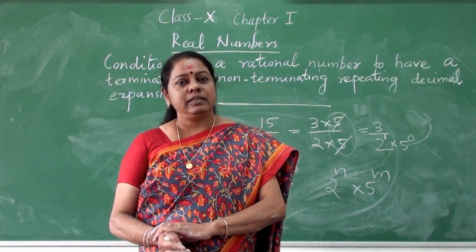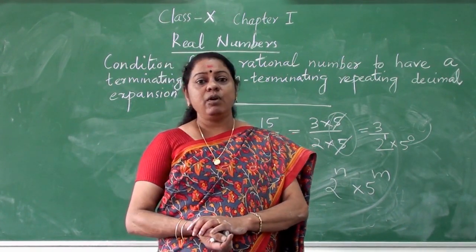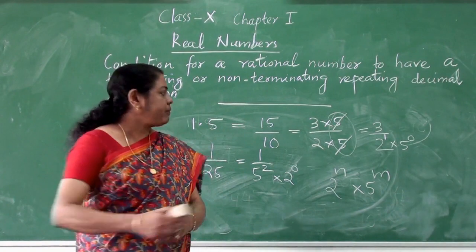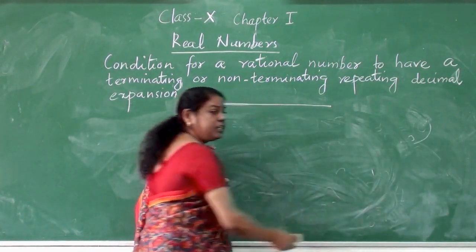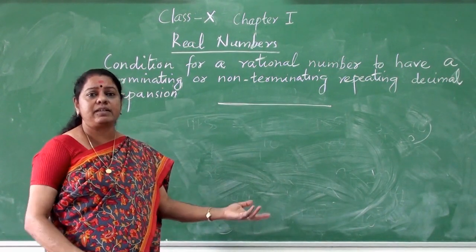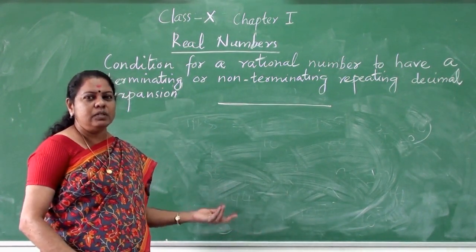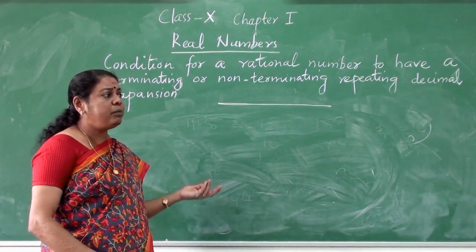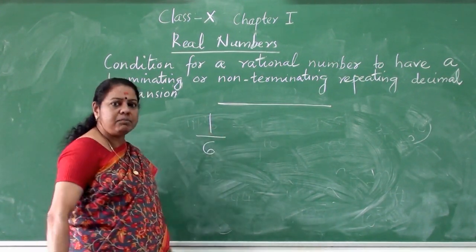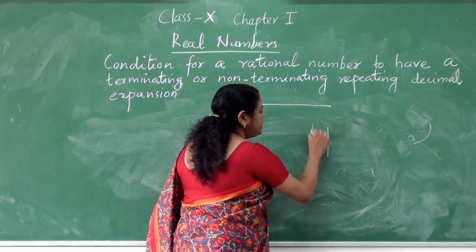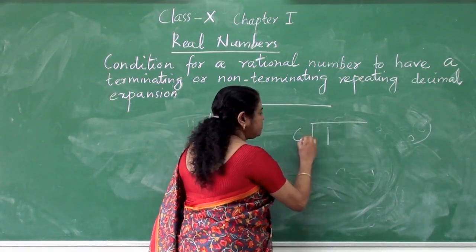Then again, now we have to consider another case. Suppose the denominator has some other factor, other than these 2's and 5's. For example, consider 1 by 6. What is the decimal expansion of 1 by 6?